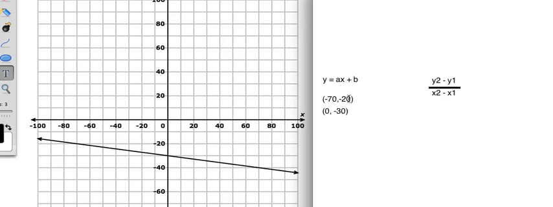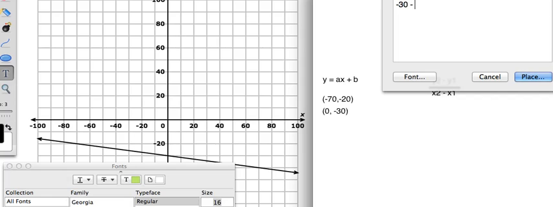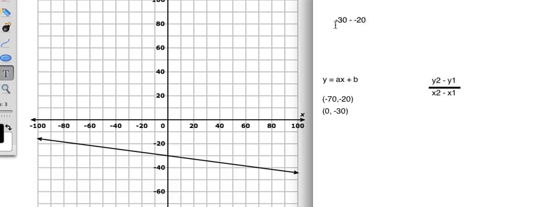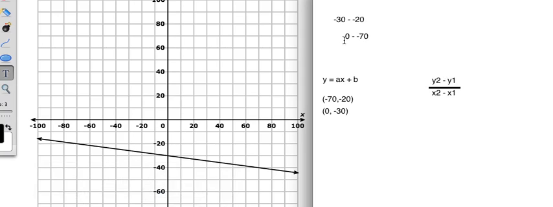Let's say this is point number 2, this is point number 1. y2 minus y1 is going to be negative 30 minus negative 20. All right, that's y2 minus y1. x2 minus x1 is 0 minus negative 70. All right, and so it's this over that.